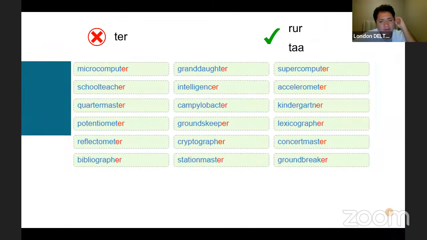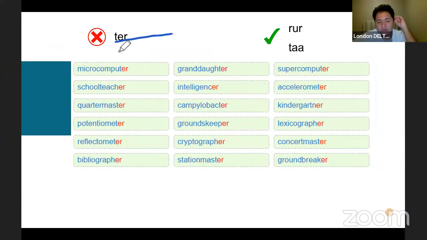Entonces, la clave está en que intenten cambiar esa E como por una U y pronunciarlo de manera suave. So, more discreet. Computer, teacher, right? Granddaughter, intelligencer, kindergartner, supercomputer, Campylobacter, station master. Bueno, entonces eso, así cambiamos todas las palabras que terminan en R.